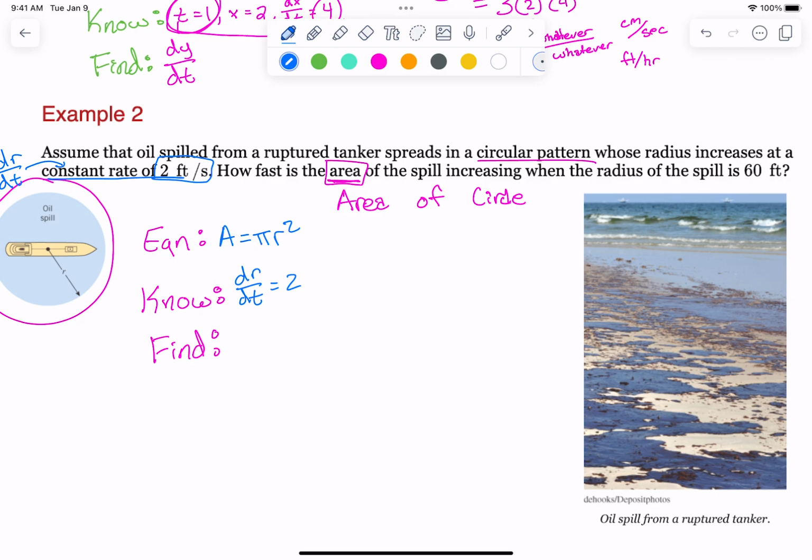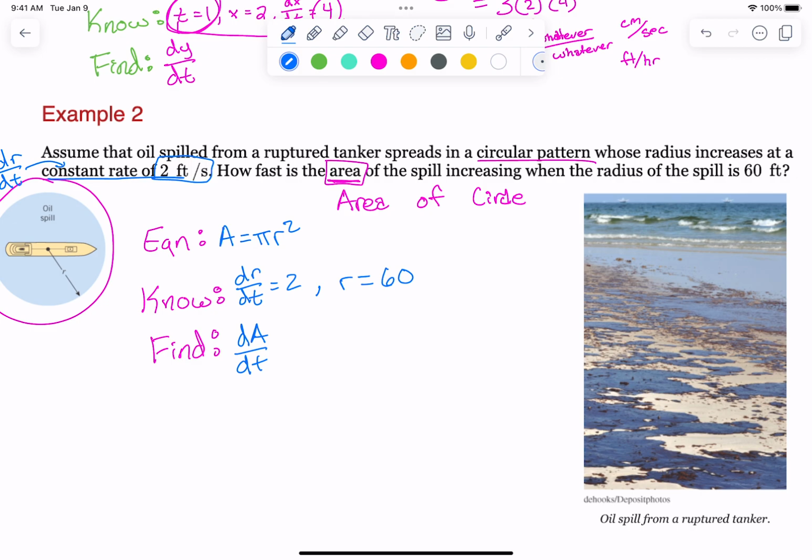What are we looking for? How fast the area is increasing, that's dA/dt. When the radius is 60. When what equals 60? The radius, just r. Do you see the difference between the rate of something, dr or d-whatever dt, versus the actual radius?